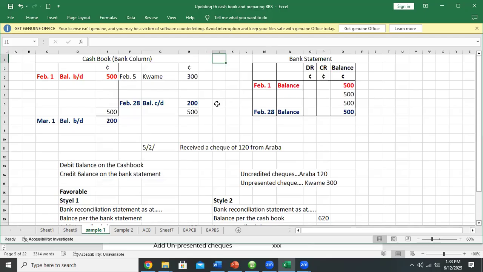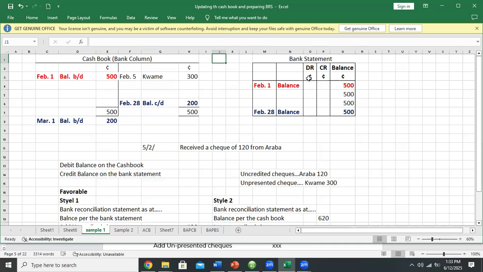Then you go and check your balance on your phone and it's 3,000. You get surprised. So you have two balances here: 200 in your notebook, which in our case is the cash book, and on your phone, which is what MTN is showing you, 3,000, is the bank statement, right?